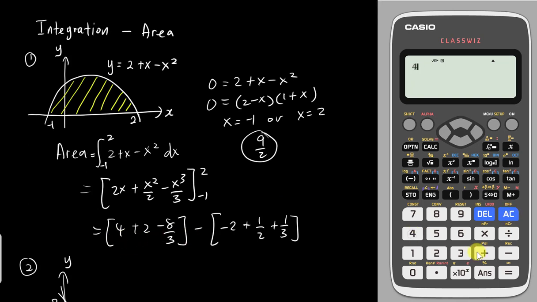So we do 4 plus 2 minus 8/3, and then minus, I put a bracket first, (-2 plus 1/3), and then plus 1/2 plus 1/3.